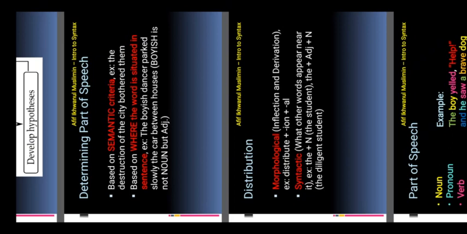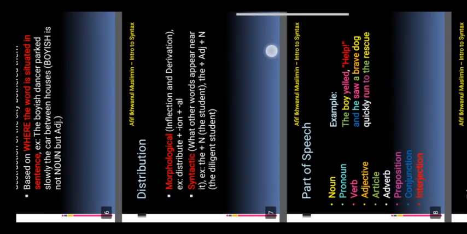But then in the diligent student, diligent here doesn't mean that it is a noun, but you can see that diligent is in between the and student. So diligent's position here is as a modifier, something that explains the word student. So diligent, based on syntactic distributions, is an adjective.